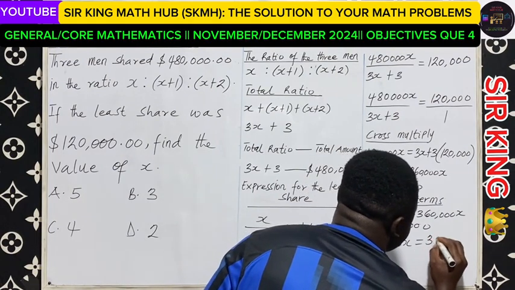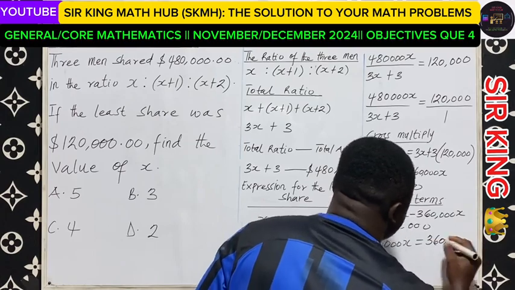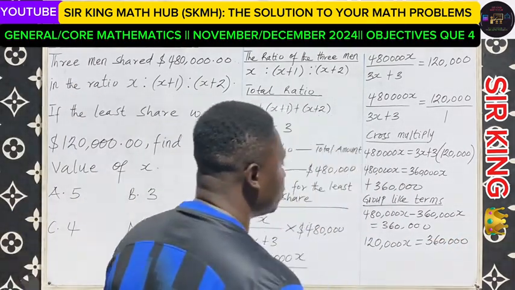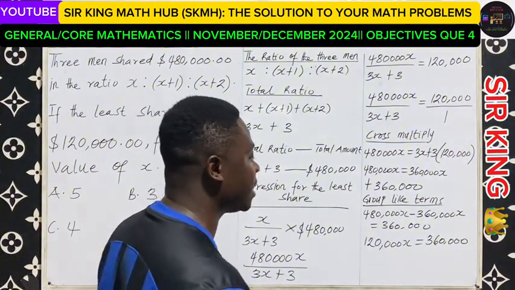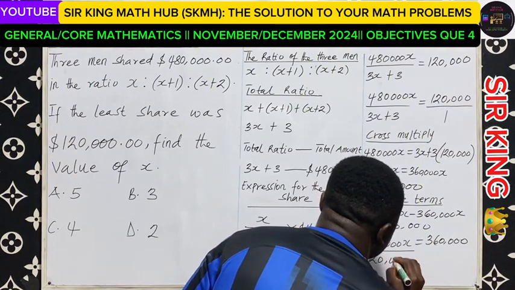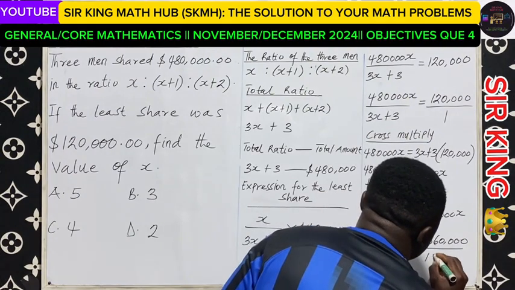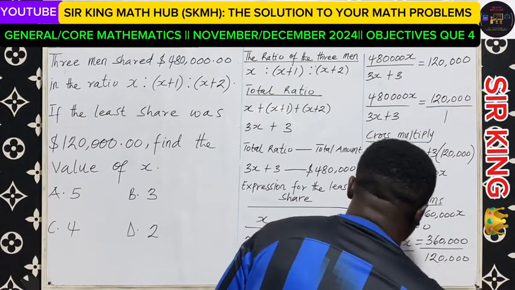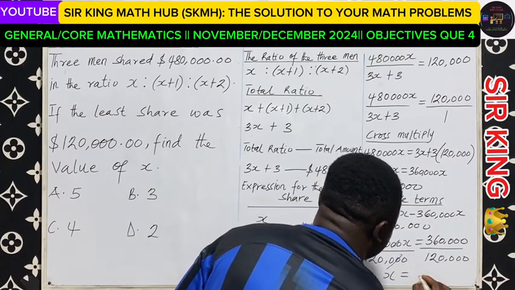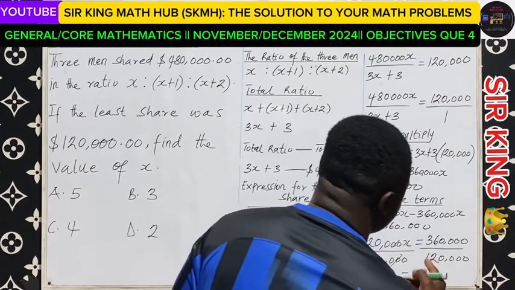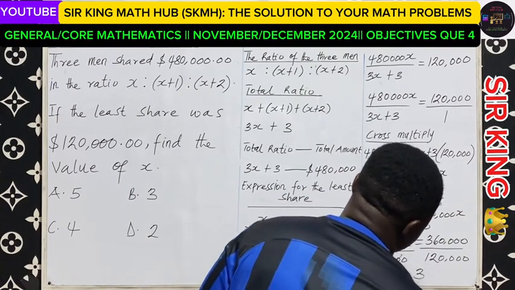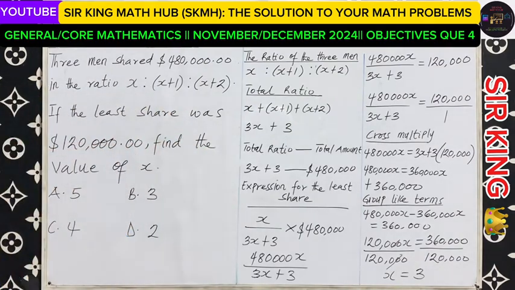This must be equal to 360,000. We are looking for x. So we have 120,000x, and this must be equal to 360,000. We can divide both sides by 120,000. So 120,000 will cancel out, leaving x is equal to 3. X is equal to 3.